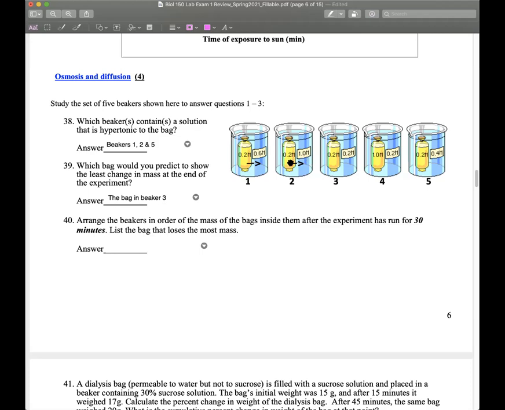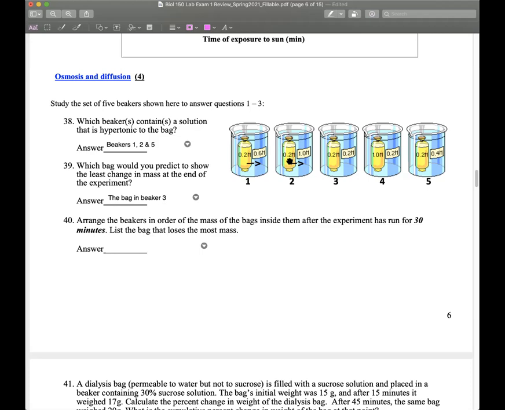That means there are more molecules dissolved in this liquid than here. So if there are more molecules on this side of the membrane, the water wants to dilute those molecules. It wants these values to be about the same. So it's not going to go into the bag? No, water is going to leave the bag. Water is going to leave the bag for the beaker. Okay, thank you.